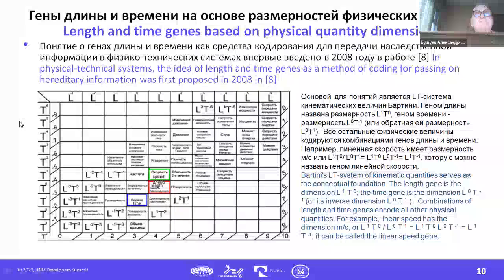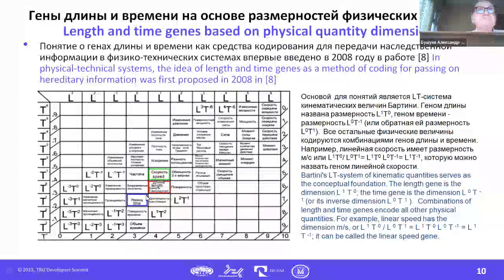In physical technical systems, the idea of length and time genes as a method of coding for passing on hereditary information was first proposed in 2008. So 15 years have passed, and I was the author of that project. And right now I'm giving you a report on what was done within this work.